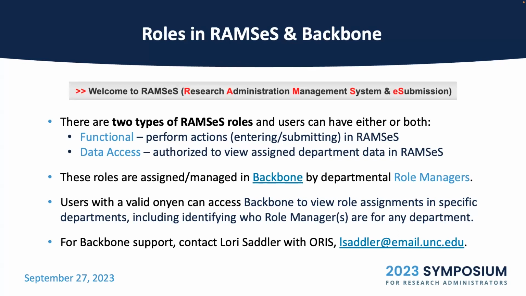That way, if you are having issues, even if you have just basic access, you can go in and figure out who you need to talk with. For Backbone support in general, you can contact Lori Sadler with ORAS, and here's her email, and this will be posted in the slide deck that's available at the end.